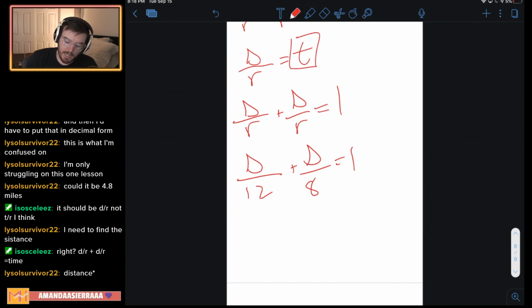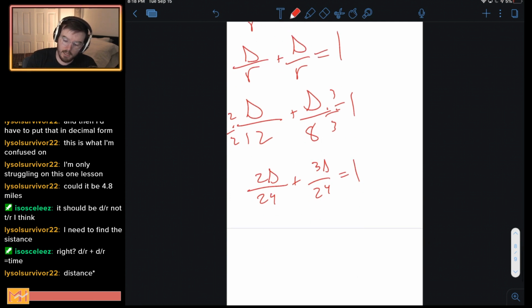So that's why I got a common denominator. And then this is 24 over 24. So 2d plus 3d equals 24. 5d equals 24. Whoops. I already did this, but I'm just doing it all the way out again.